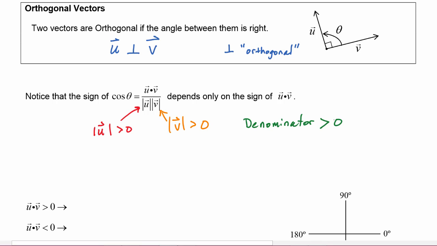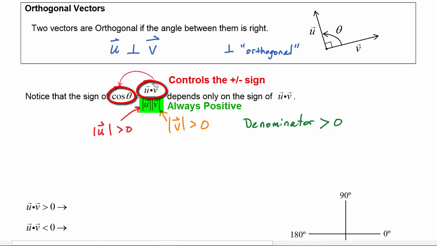So then that means the positive or negative sign of cosine theta depends only on the positive or negative sign of the dot product. Since the denominator is always positive, if the numerator is positive, cosine will be positive. If the numerator is negative, cosine will be negative.